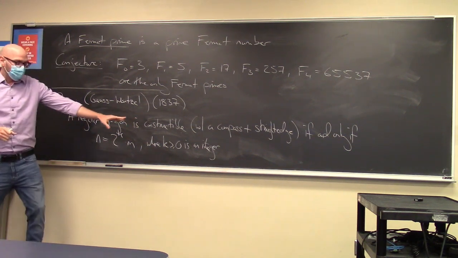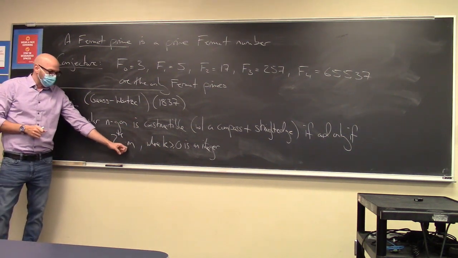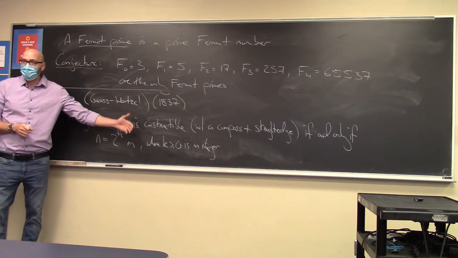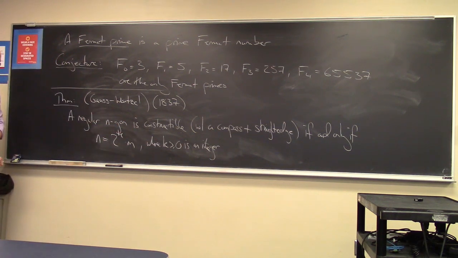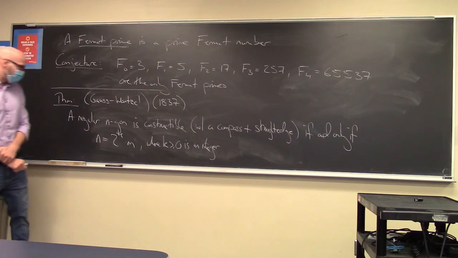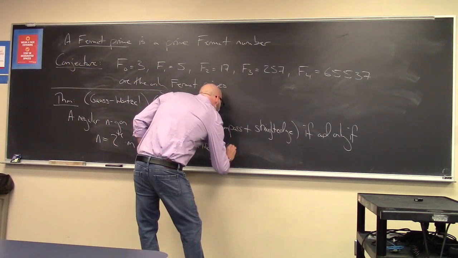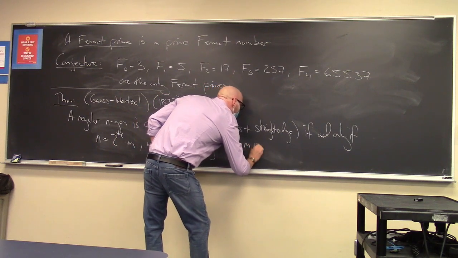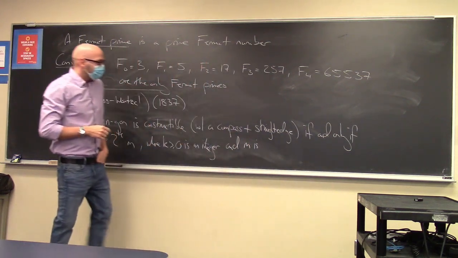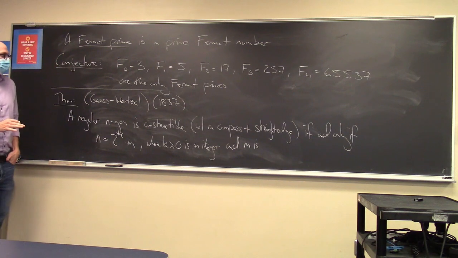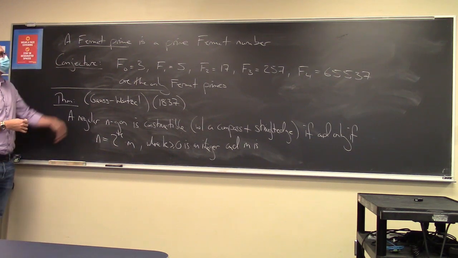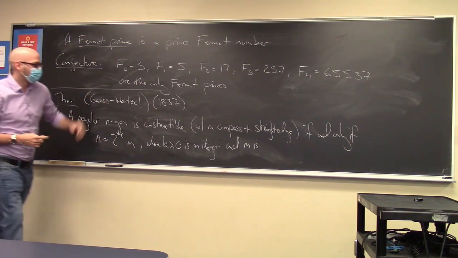So that part's not very interesting. If I can construct a regular n-gon, then I can construct 2 to the k times that n. But what is m? Where k is a natural number, m is either equal to 1 or any product of distinct Fermat primes.